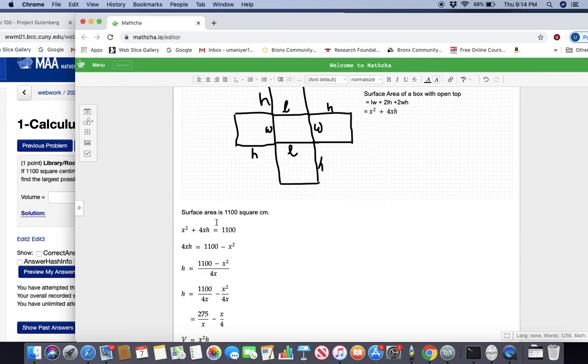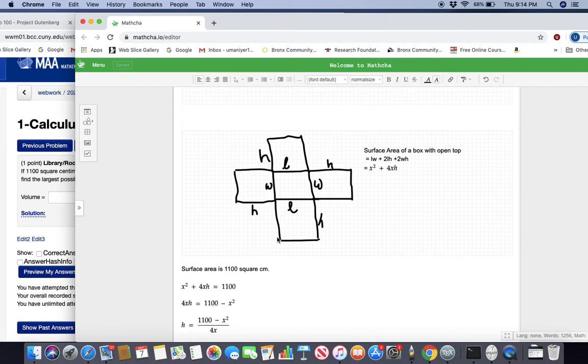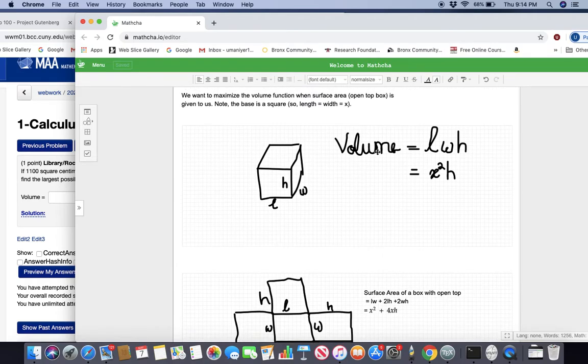We are told surface area is 1100 because 1100 square centimeters is the amount of material available to make your box. x squared plus 4xh equals 1100. Why is this useful? Look, we want to maximize volume. I have two variables. If I'm going to take a derivative, I want only one variable.